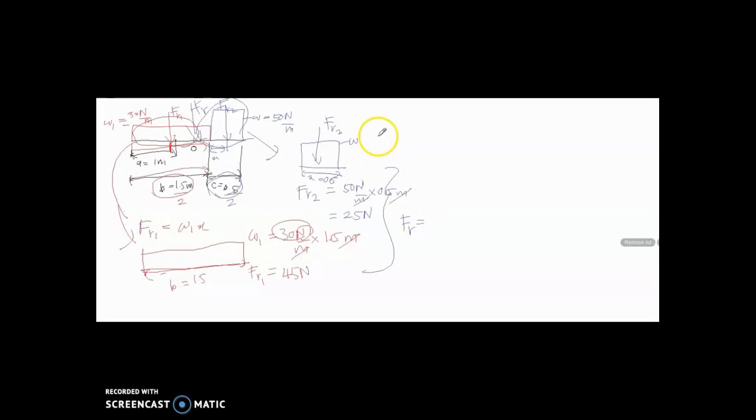FR is equal to FR1 plus FR2, which is 45 plus 25, equal to 70 Newton. So the total resultant force of the whole distributed load is equal to 70 Newton.